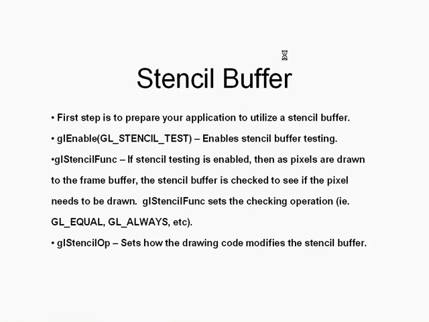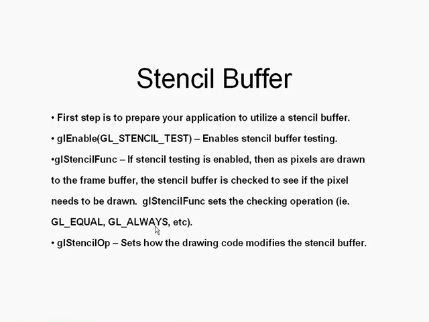For instance, if I just want to completely ignore the stencil buffer, I can simply pass GL Always to GL Stencil Func, and now no matter what's in the stencil buffer, it will always draw to the frame buffer. With GL Stencil Func, we can pass GL Equal, GL Always, and several other things as well.